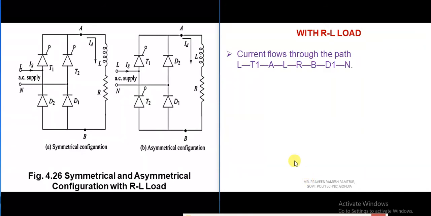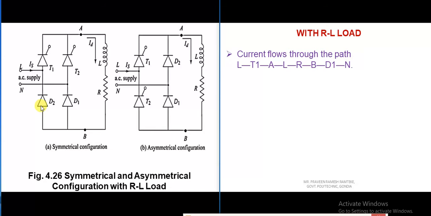So the direction of current flow: terminal L, T1, terminal A, inductor L, R, B, D1 and N. It will not flow through T2 and D2 because both are reverse biased, and if both are reverse biased, they will act as an off switch, and hence no current will flow through them.